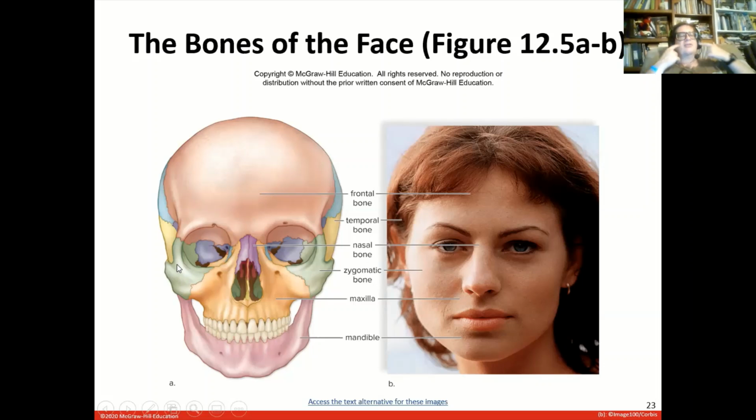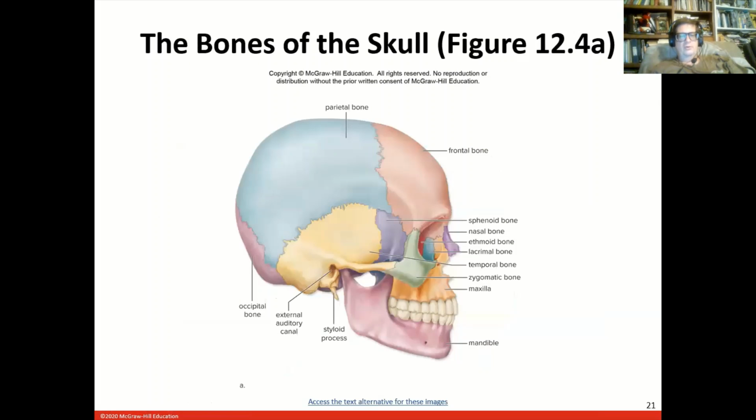It's the beginning of this ridge that protects the eye that we were talking about. Zygomatic bone right there, continues, and back here we have temporal bone. So this is the zygomatic process of the temporal bone, and this is the zygomatic bone. All right, moving on.